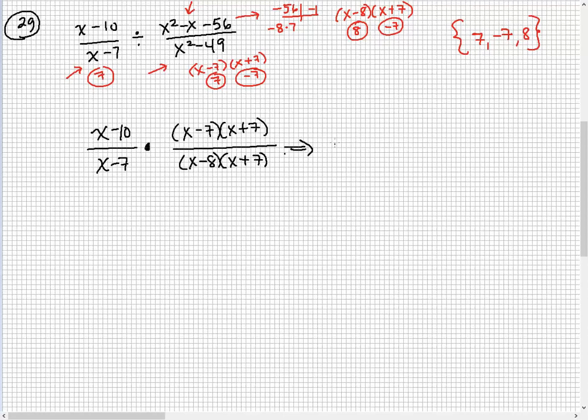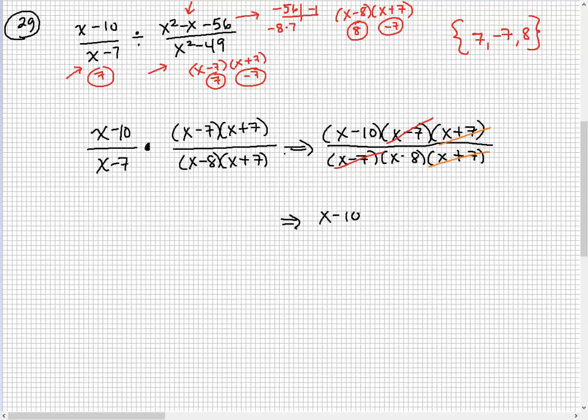You multiply across. What cancels? This cancels. Anything else? Yes, the x plus 7. So what remains? x minus 10, x minus 8.